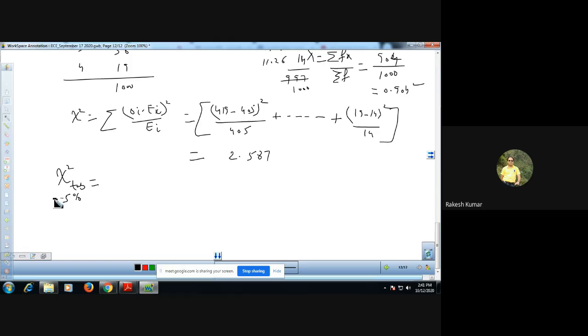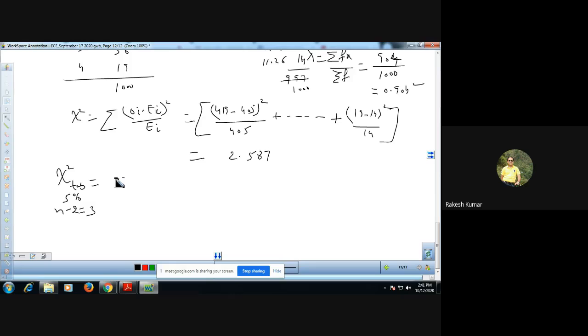Now you can compute the table value at 5% level of significance. How do we calculate the degree of freedom? There are 5 data values, and you have to subtract 2 from the data value. So this is 3 degrees of freedom.